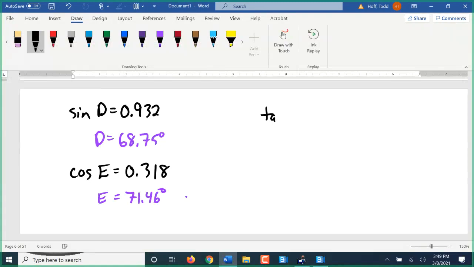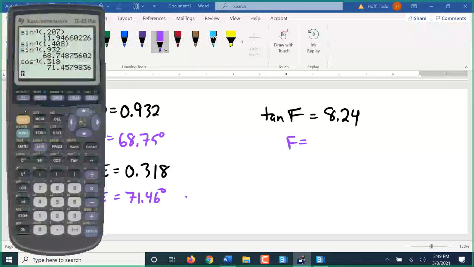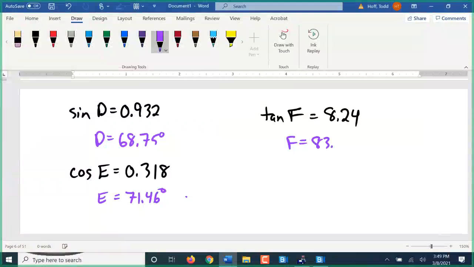If I tell you the tangent of angle F is 8.24, what's angle F? 83.08 degrees.